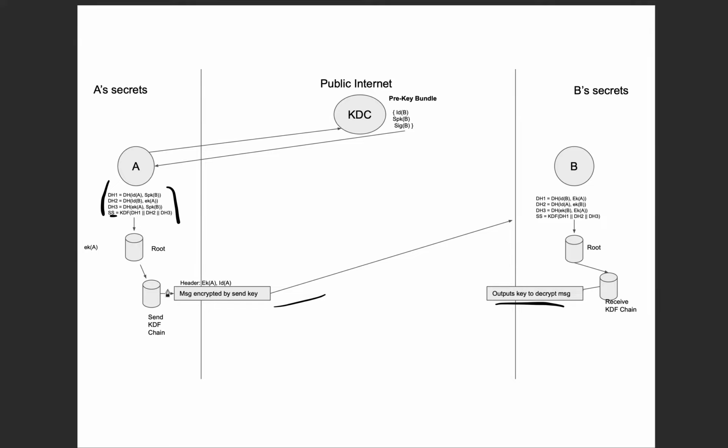He's doing exactly what Alice did over here. And then he can just send that message over to Alice, and then Alice will get the message, and she'll go through the same exact steps that Bob did when he initialized his receiving chain. And then at this point, Alice and Bob will both have sending chains, and they'll both have receiving chains.